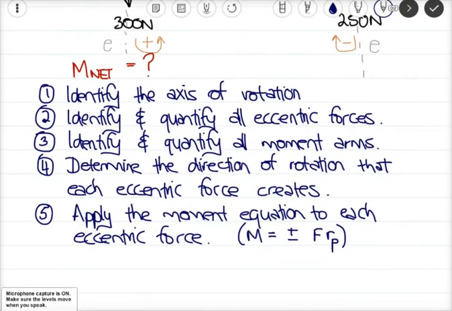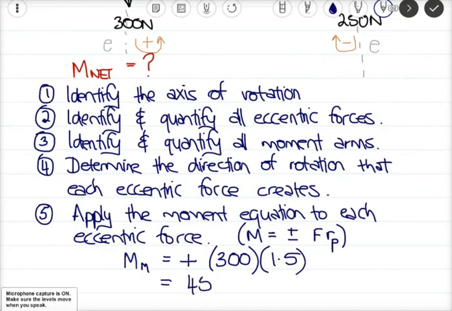So the moment that Mary's weight creates is positive because it's pulling in an anti-clockwise direction. Her force is her weight of 300, and her moment arm, which is the perpendicular distance from the axis of rotation to the line of action of force, is 1.5. So Mary creates a moment that has a magnitude of 450 Newton meters.